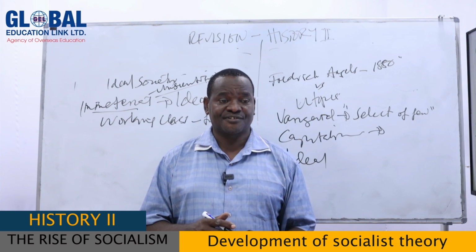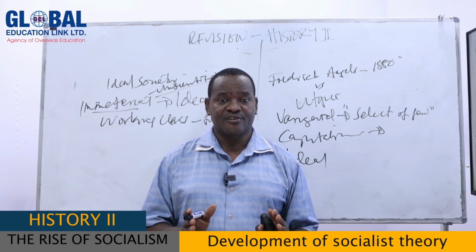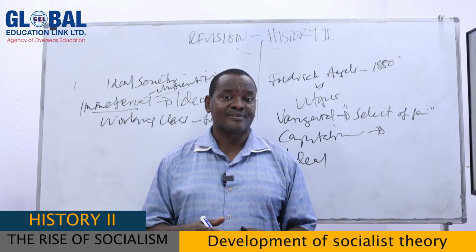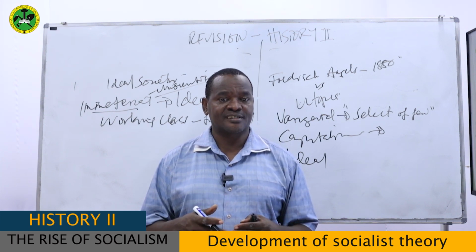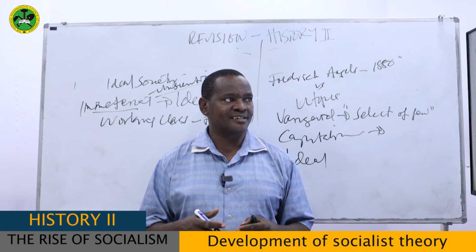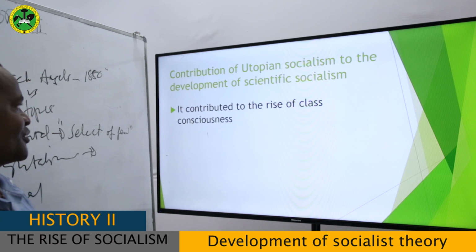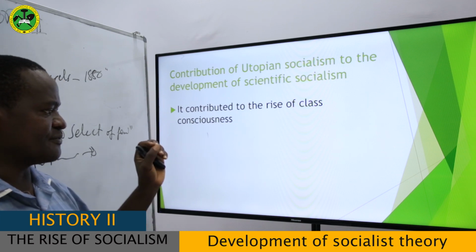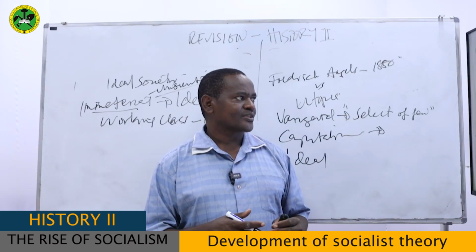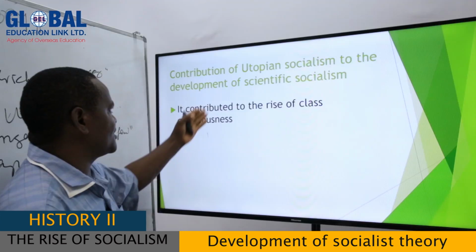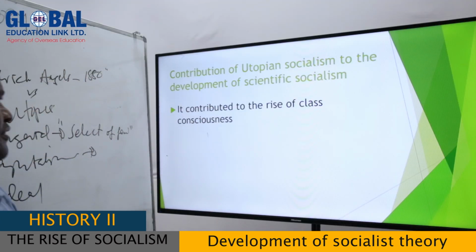People became conscious that we are exploited, even though they didn't know exactly how to overcome that exploitation. But at least deep from their heart, they knew we were exploited. And how did they come to know that they were exploited? It is because of the contribution given by utopian socialism. So it was simple for the scientific socialists. When they came, it was very simple for them at least to continue where the utopian socialists had ended.